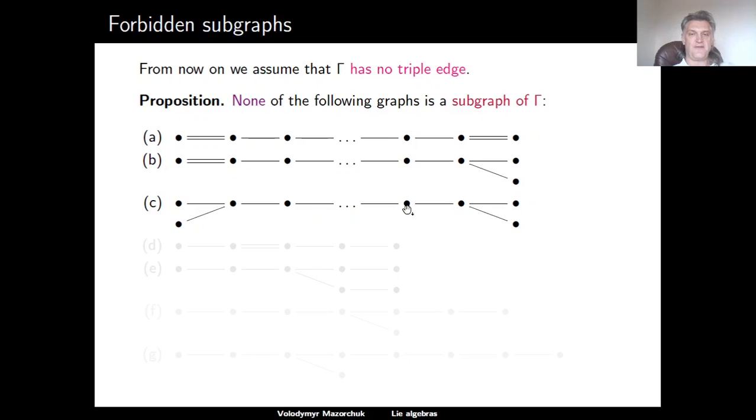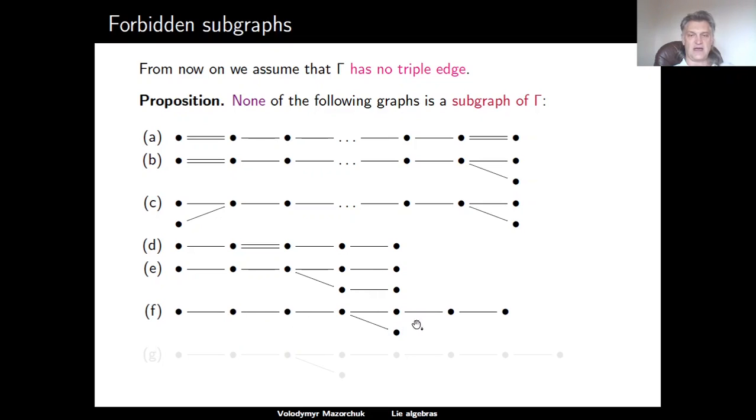The third graph is a DN type diagram with triple edges on both ends. The fourth graph is a type F4 diagram with one extra edge. The next graph is a type E6 diagram with one extra edge. Then we have a type E7 diagram with one extra edge, and the type E8 diagram with one extra edge.